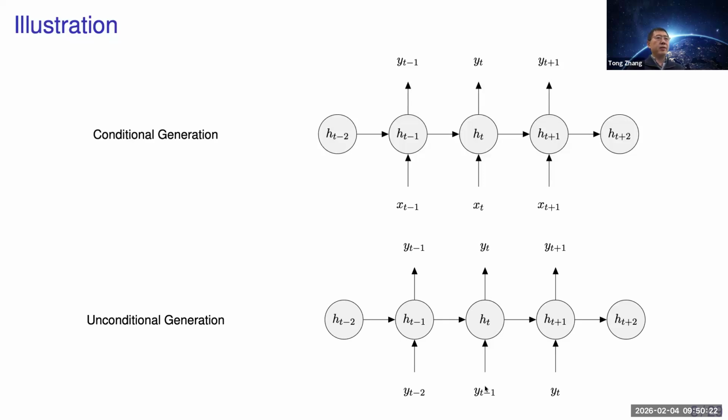So this is what you want to predict. Basically, you take this as input, you have the recurrent state, you update, and this update depends on these two, and then you get the output. And for the conditional case, you say: I have an input sequence, and I have an output. So basically, this is how this is generated.